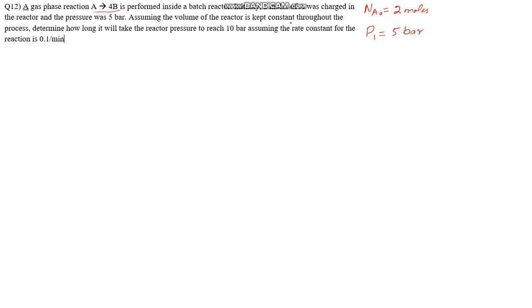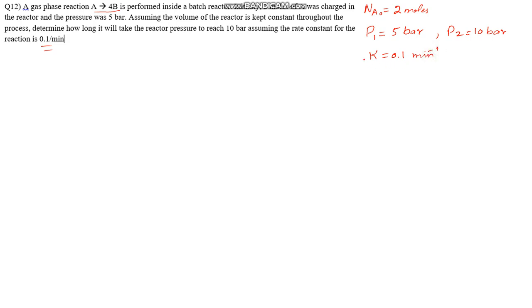Assuming the volume of the reactor is kept constant throughout the process, determine how long it will take the reactor pressure to reach 10 bar. So P2 is equal to 10 bar, and the rate constant K is equal to 0.1 minute minus 1.